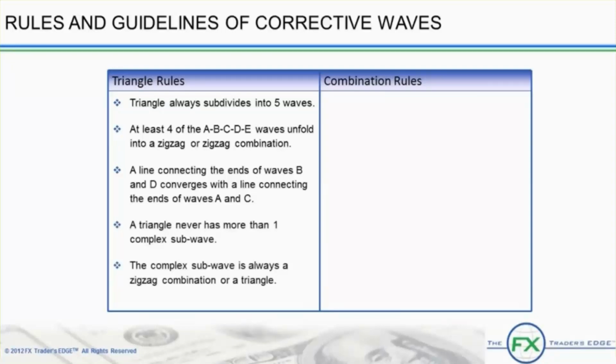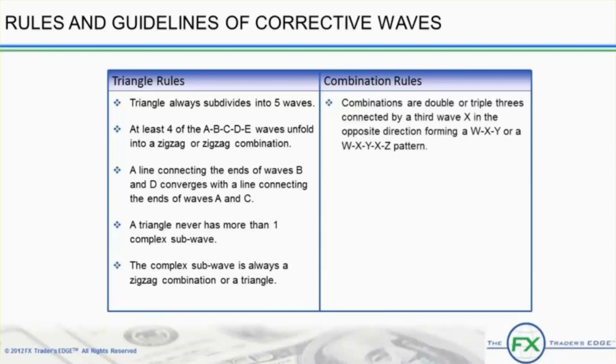And now for the combination rules. Combinations are double or triple 3s connected by a third wave X in the opposite direction, forming a WXY or WXYXZ pattern. A double or triple zigzag consists of 2 or 3 zigzags connected by the X wave.